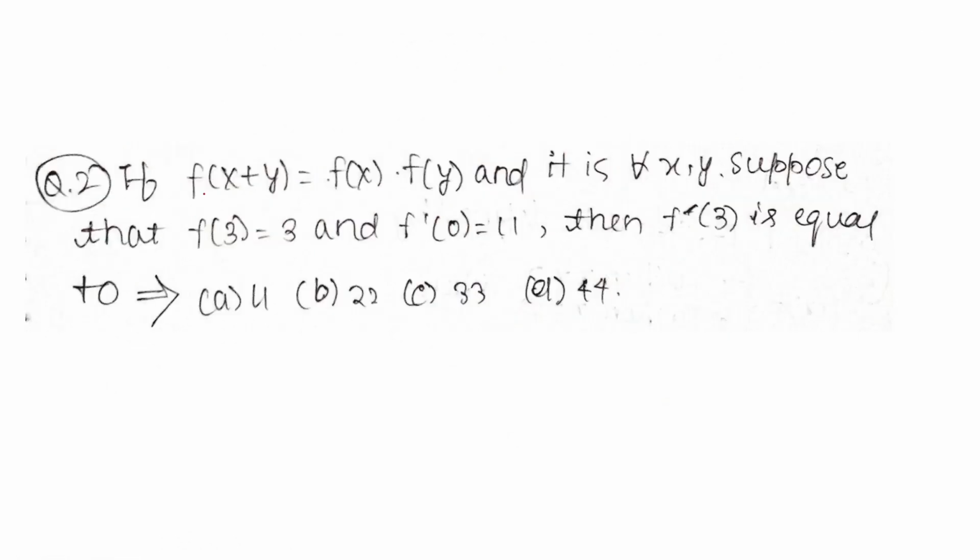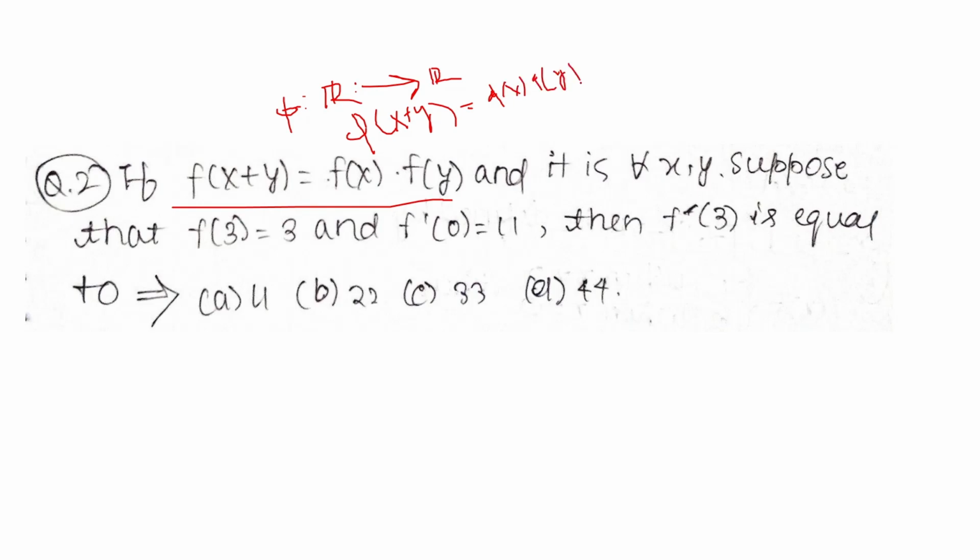Okay, so the next question is f(x) dot f(y), meaning it is a homomorphism from the set of real numbers to real numbers, where phi of x plus y equals phi x times phi y.